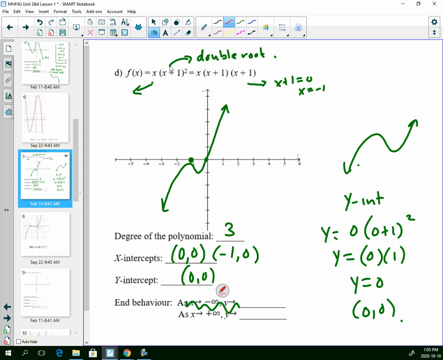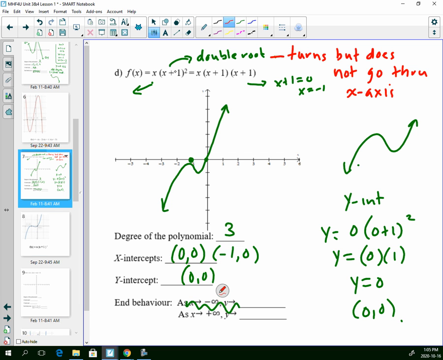So a double root turns but does not pass through. Okay, so that's an x-intercept that sits on the line, but when it hits that point, it's going to immediately turn, not go through it, and then come back up.